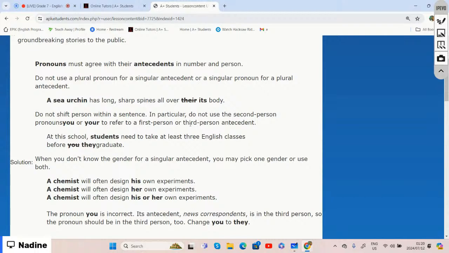And do not use a plural pronoun for a singular antecedent, or we shouldn't use a singular pronoun for a plural antecedent, which means that if you are making mention of more than one person, right, then we shouldn't use a pronoun that is singular, that refers to one person, right, because you are making mention of more than one person.